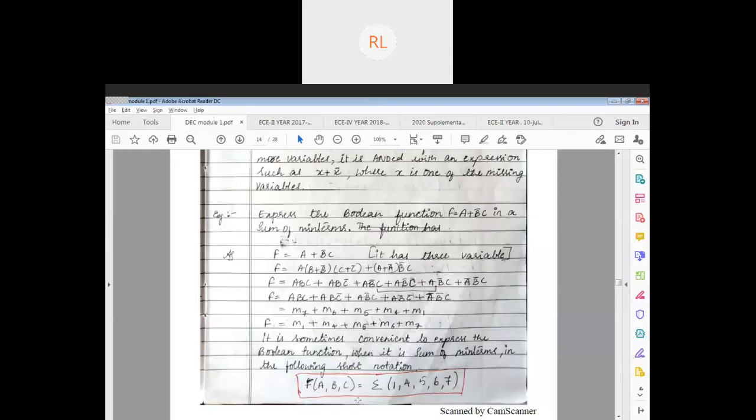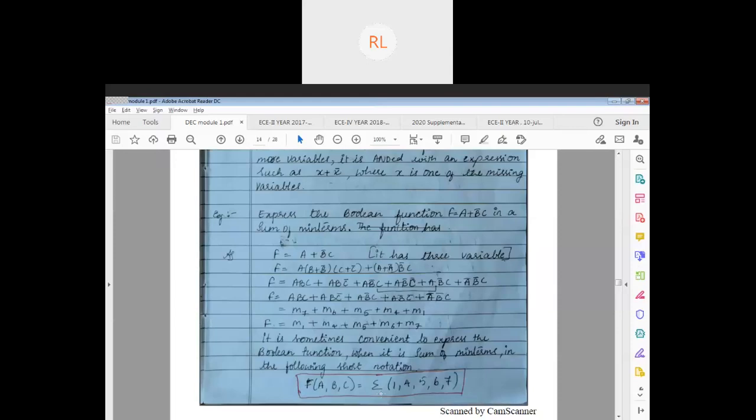Okay, so now keep in mind your minterms can be represented as a summation. Now I have the function ABC equal to summation. I just take 1, 4, 5, 6 and 7, only the numbers.